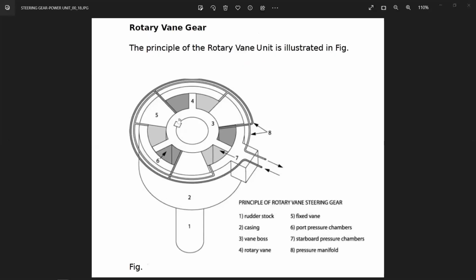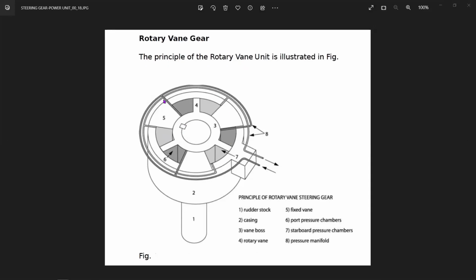Right. So here is a rotary vane system, just shown as the principle of it. So what are the parts? Let's see about it before understanding the entire system. Here you have got a ring. You have got two rings actually. One is the inlet ring and one is the outlet ring. So you see oil is coming in here, and they've got three inlets.